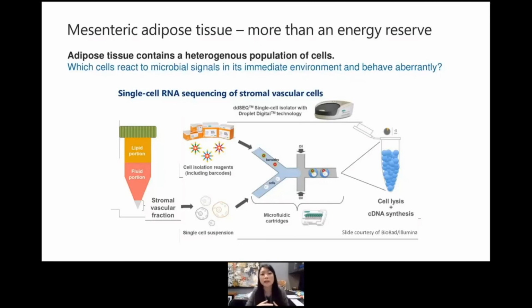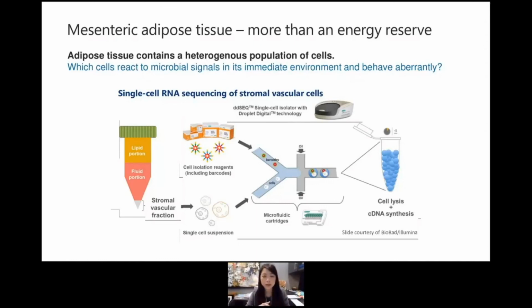But the reality is the adipose tissue actually comprises multiple cell populations. It's not just fat cells. There are stem cells and also immune cells within this compartment. So we really want to figure out which cells might be reacting to the microbial signals, such as signals from Clostridium inoculum, and how do they interact with each other.